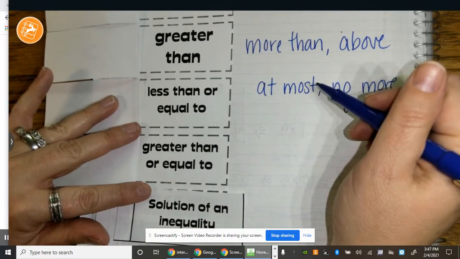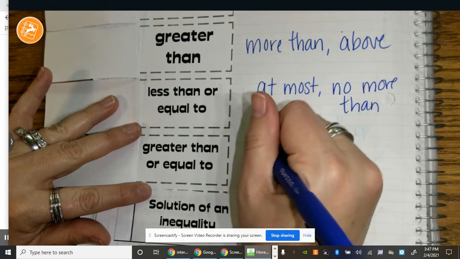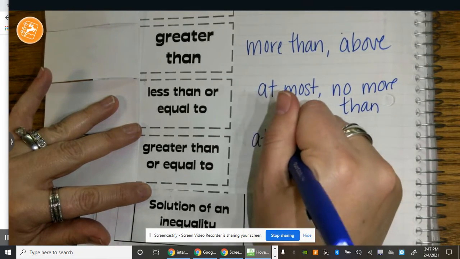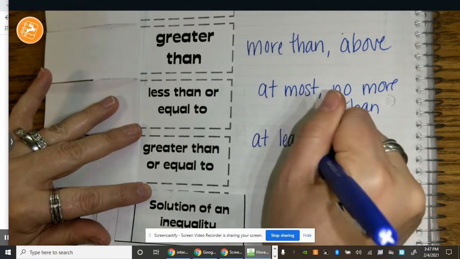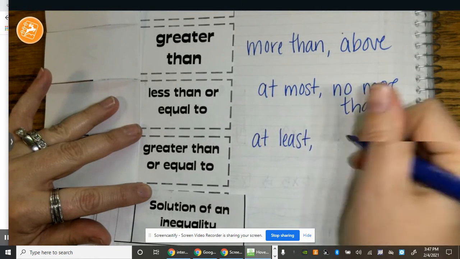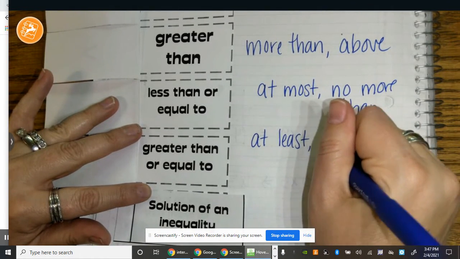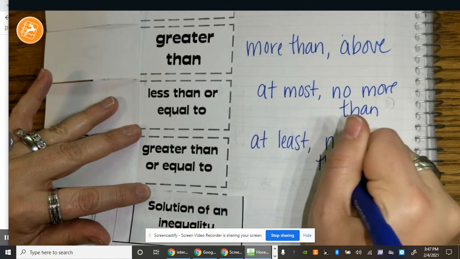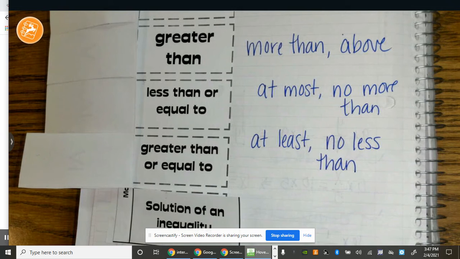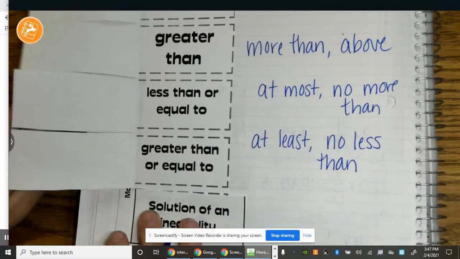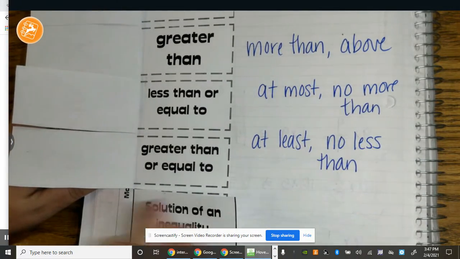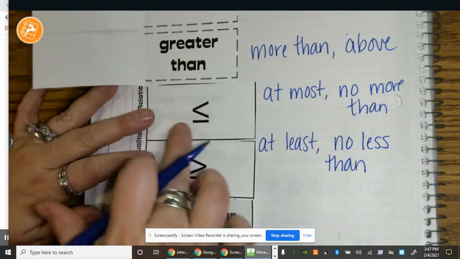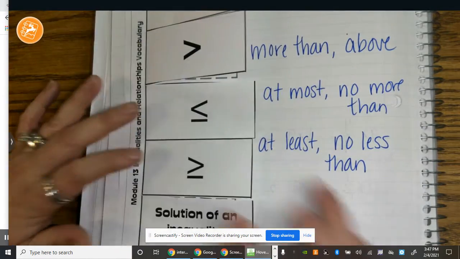So if at most meant less than or equal to, at least would be greater than or equal to, and the opposite of no more than is no less than. Those are my clue words, and you may see some, especially on a test or in work, and you need to know which inequality symbol you will use.